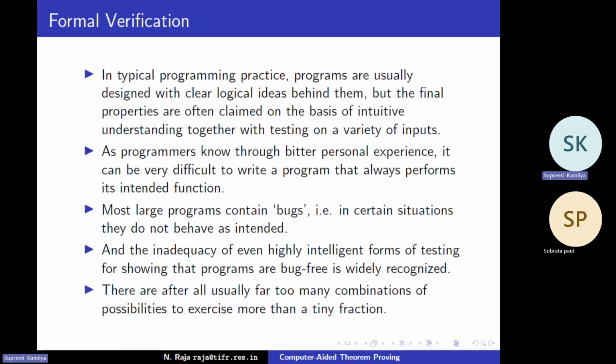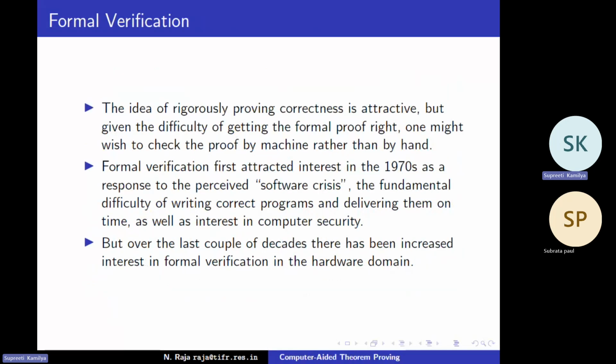You don't have a conjecture and say this succeeds in a few instances, otherwise I don't know whether it is true or not. So we want computer software, computer systems to be completely reliable, and that was the whole idea of formal verification. And this notion of interactive theorem provers comes in very handy to do that.